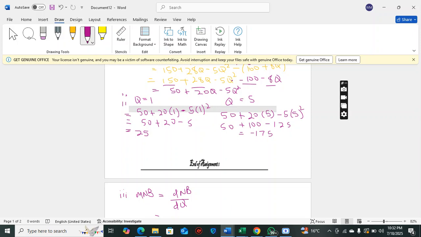So when Q equals 1, 50 plus 20 is 70, and 70 minus 5 is 65 here. And for Q equals 5, 150 minus 125 is 25 here.